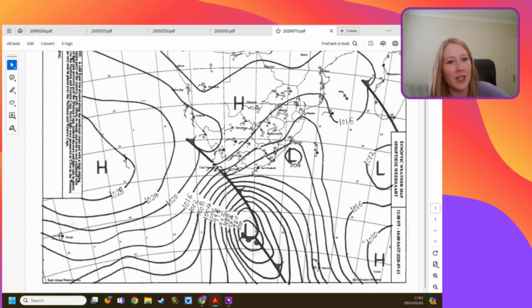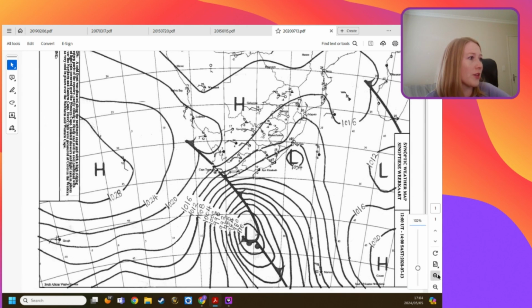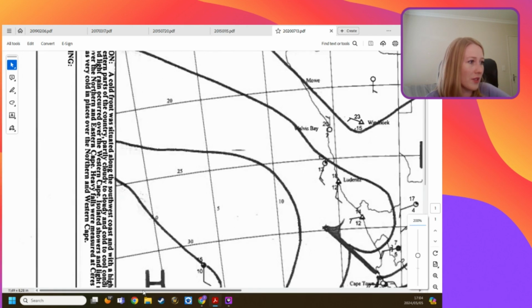We probably won't have time to go into it right now, but the fact that they're close together tells me that this has a lot of strong wind. Where your isobars are further apart, the wind will be more gentle. I can kind of show you on the station models.